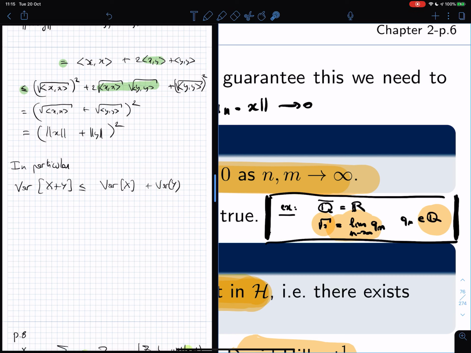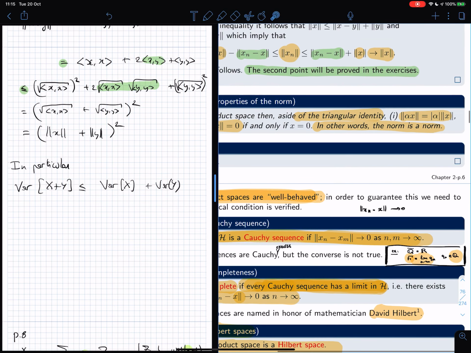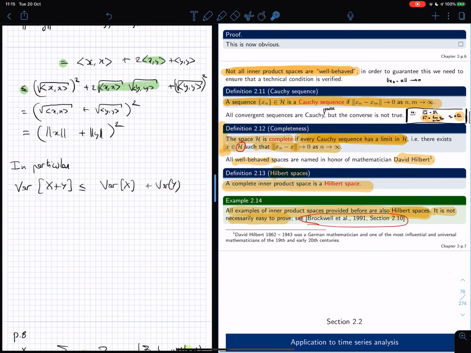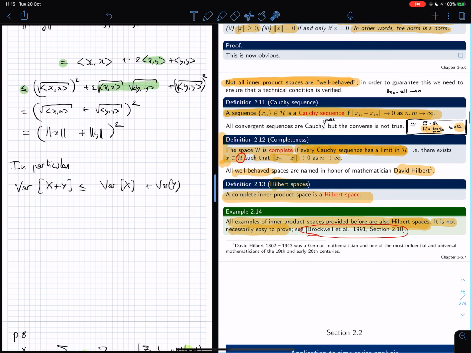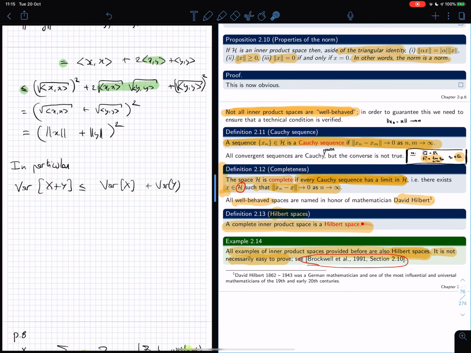We know that any real number can be written as a limit of a sequence of rational numbers, but that's annoying because if you're restricting your attention to only rational numbers, you can leave the set of rational numbers by taking limits. This we do not like. We do not like the idea that we can leave our set by taking limits, and therefore we'll add the idea that we want our spaces to have no holes.